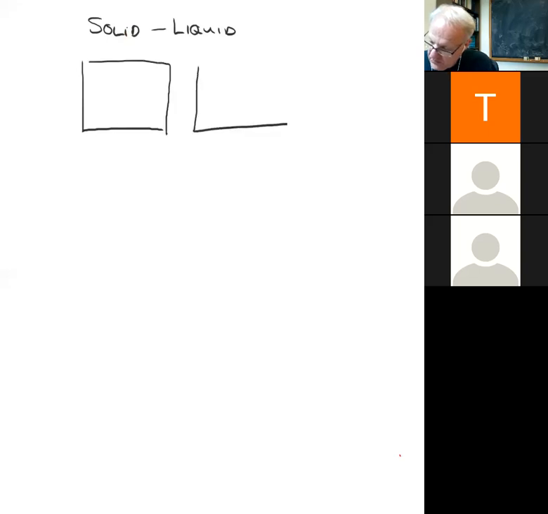Okay. So the idea is that the thing that happens here is that in a solid, obviously, there's a kind of preferred arrangement of the atoms.